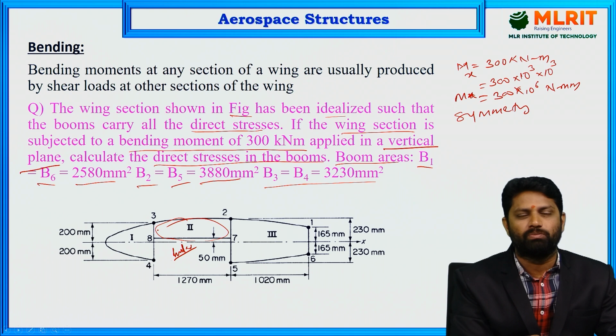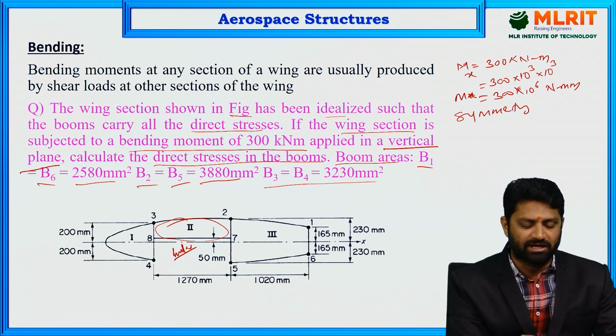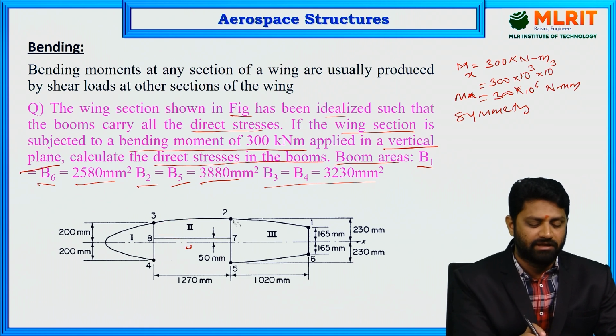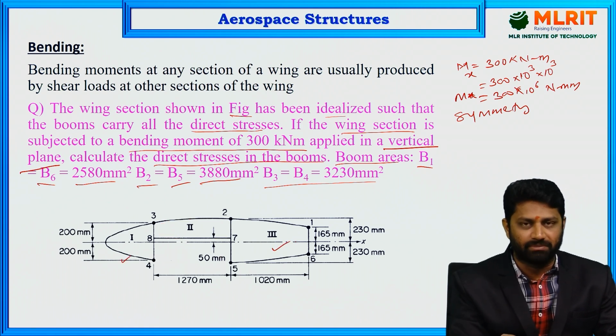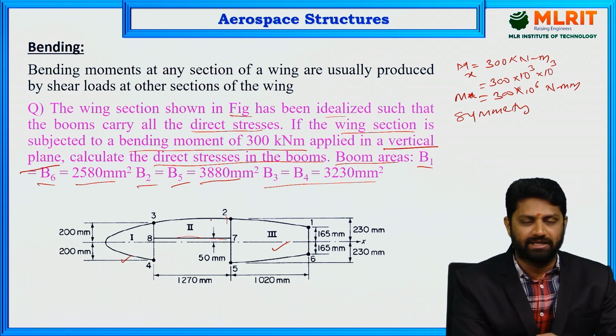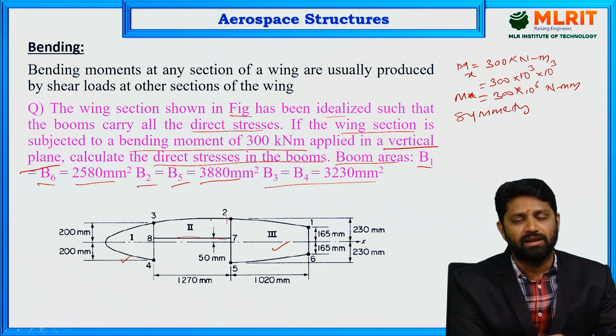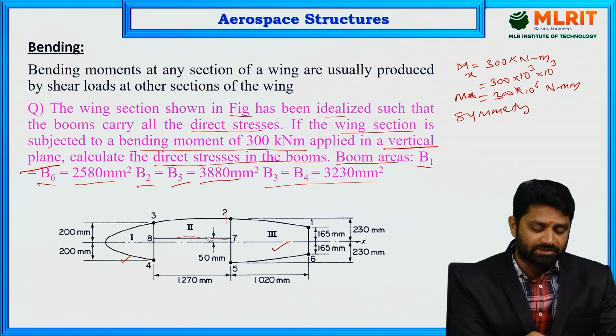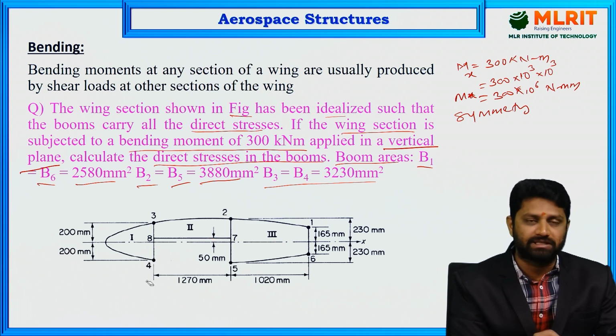By looking at the geometry of the diagram, you cannot say that it is symmetrical about the horizontal axis, even though the left side, that is cell 1 and cell 3, are symmetrical. But the middle cell, cell 2, does not look symmetrical because of the portion that is there. Still, this kind of wing section you can consider as having a horizontal axis of symmetry even for the second cell. So how can we do that?